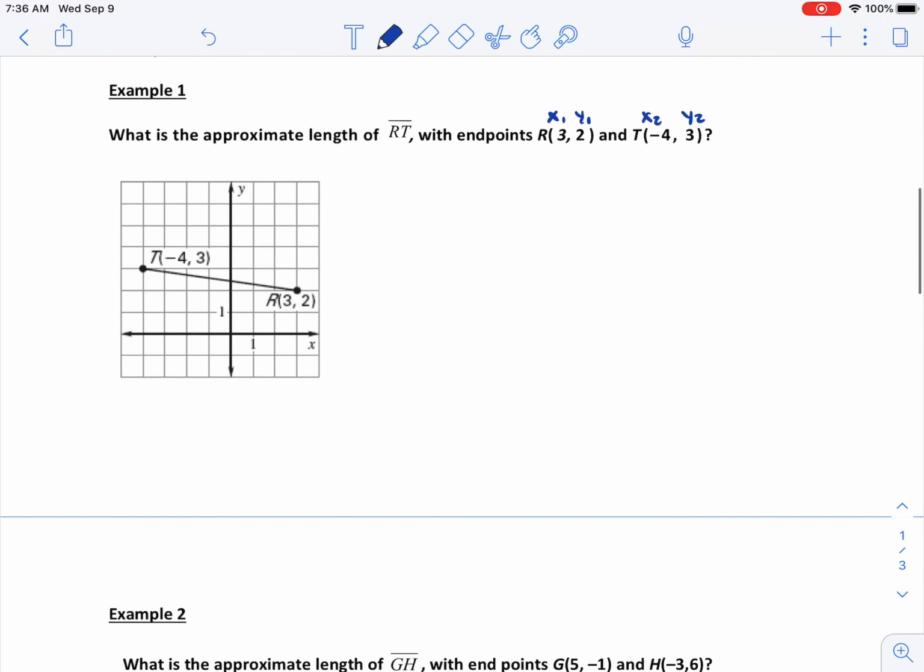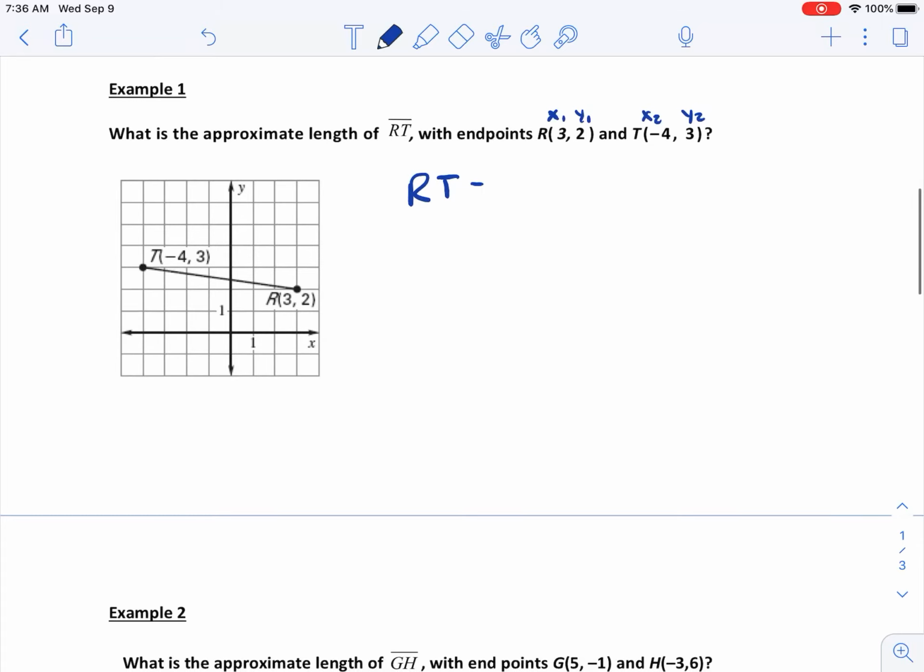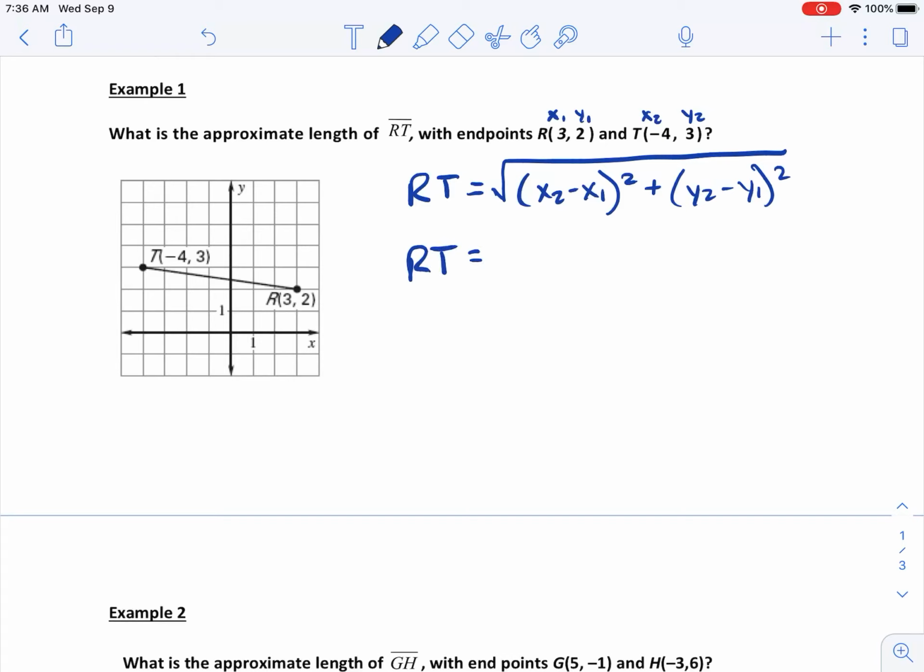We're going to use the distance formula that we just learned about. We're finding the distance from R to T, which is equal to the square root of x2 minus x1 squared plus y2 minus y1 squared. Now we just substitute values. Instead of x2, I see x2 right here, it's negative 4.